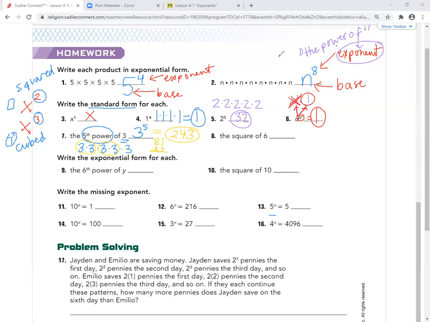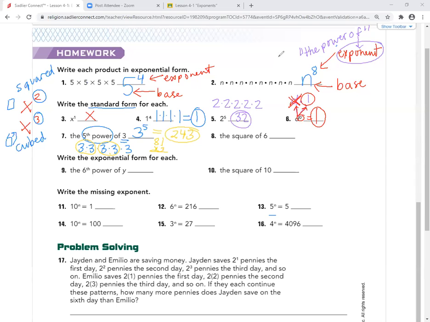It's not times. The operation is different. When you have 3 times 5, that means I'm repeating addition. When you have 3 to the 5th power, what are you repeating? Multiplication. That's a good question. That's how you can help yourself differentiate the two.